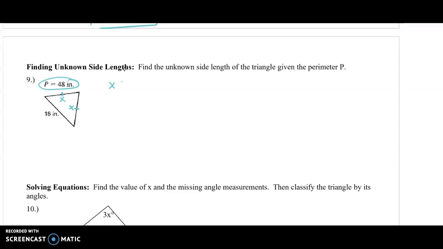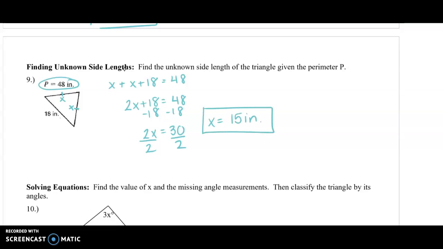So x, the one side, plus x, the other side, plus 18 has to equal the 48 inches all around. Combine like terms, so 2x plus 18 has to equal 48. Subtract 18 from both sides, so 2x is equal to 30. Divide by 2, so x is equal to 15 inches. Don't forget your unit. The unknown side length is 15 inches.